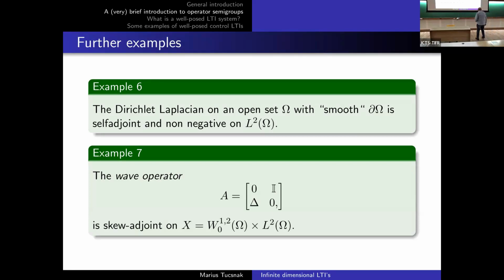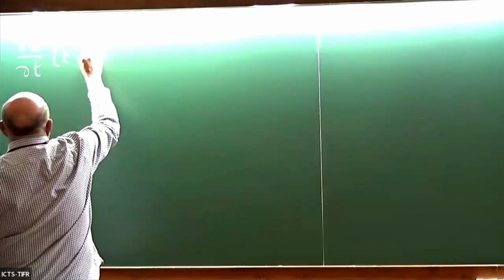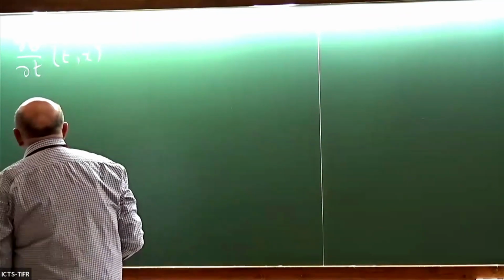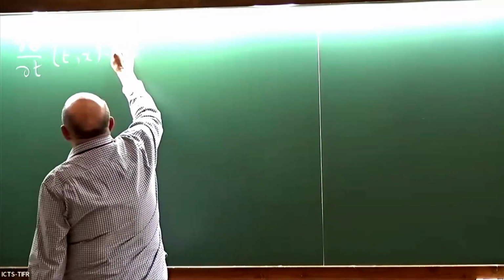In general, for the self-adjoint case, I try to write this in PDE terms. The PDE problem which can be related to this example is the heat equation on a domain.